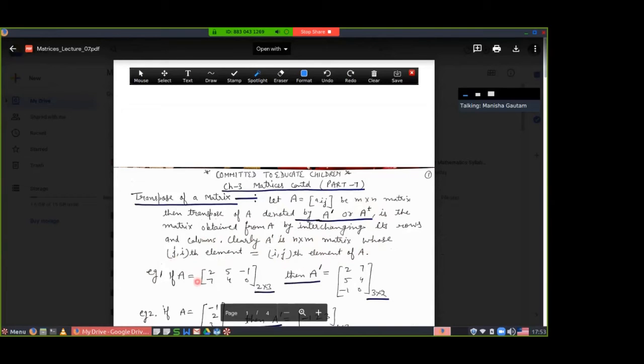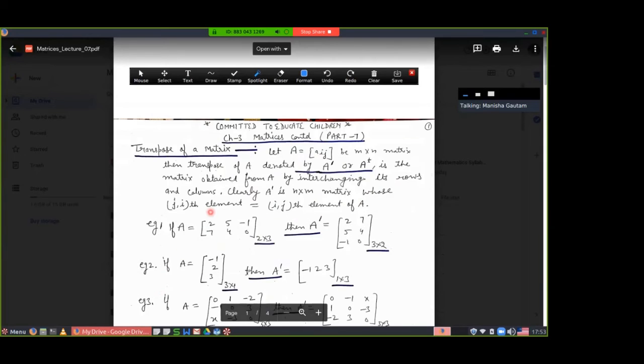Here you can see in example number first. Example number first is a matrix A having elements in the first row 2, 5, minus 1, and in the second row 7, 4 and 0. Order is 2 by 3. When you are transposing the matrix, it means you are changing rows into columns. This is row first, this is row second.